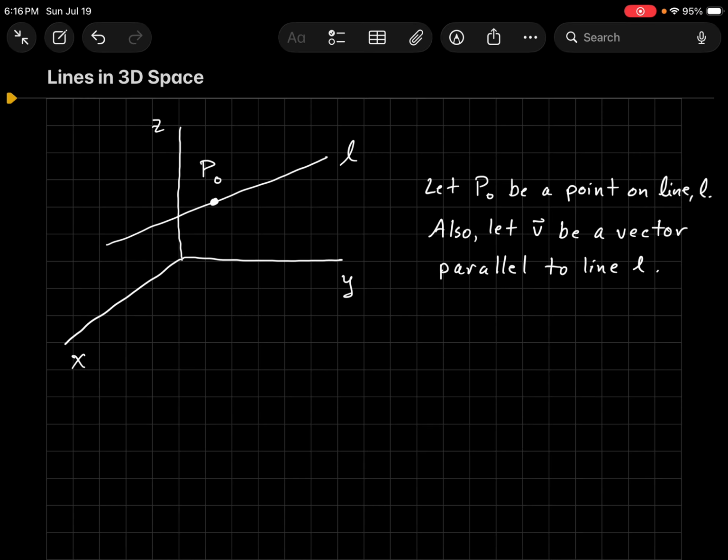And let's consider a vector v, which is parallel to line L. I'll draw a small vector v, which is supposed to be parallel to line L. Now I'm also going to draw a vector from the origin to the point P naught, and I'm going to call that vector r naught. So it's like a starting position.